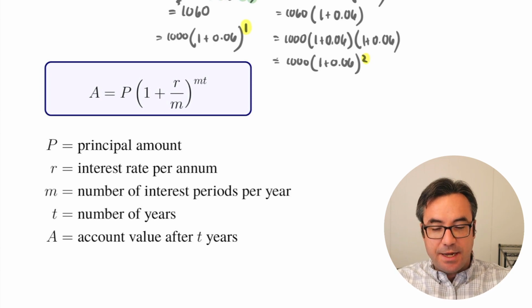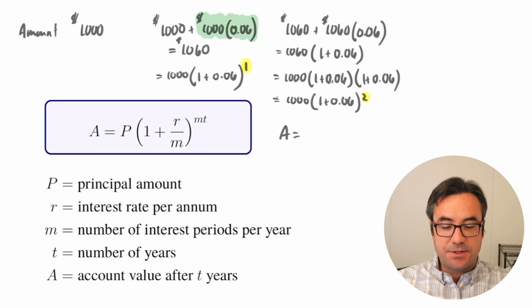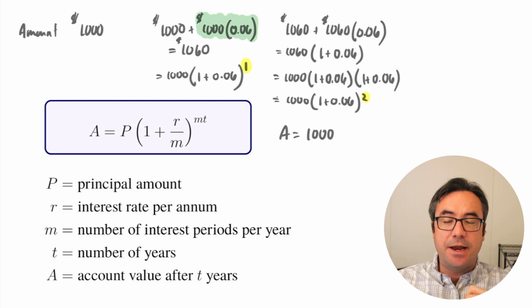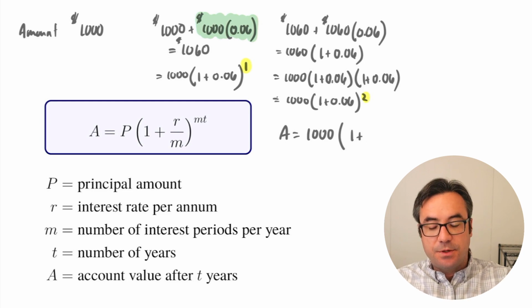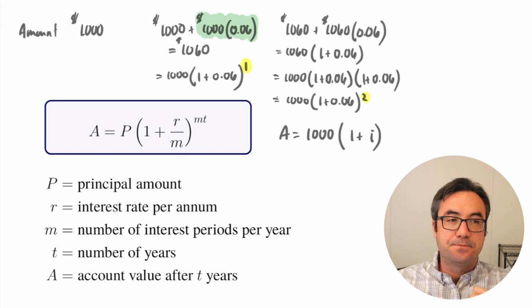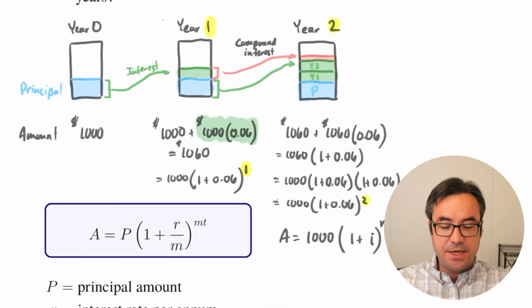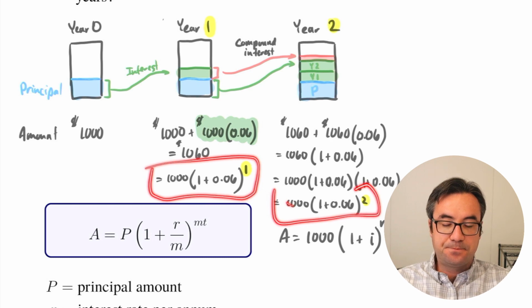What we're seeing in our little example is that our account balance was the $1,000 that we had times 1 plus the interest rate, which was 6%, but let's just write I for interest rate, raised to the power n. And that's what we're seeing here in our little motivating example.